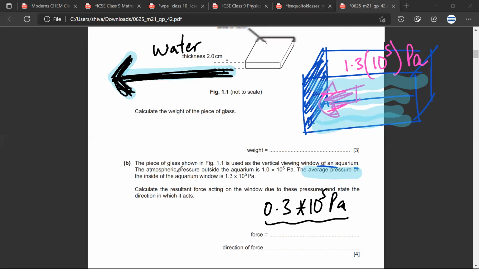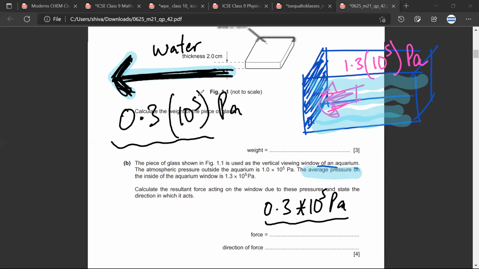If you see, there is this pressure which has built up inside the aquarium. This is the net pressure which is there inside the aquarium.